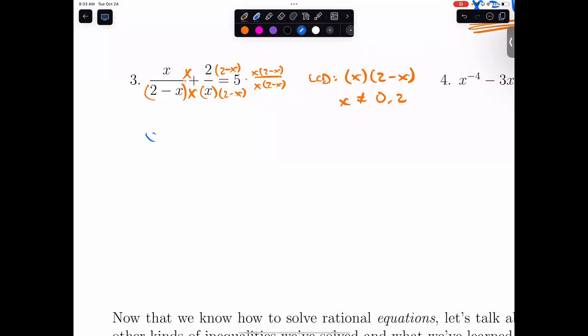So we end up with X squared and 2 times 2 minus X and 5 times X times 2 minus X all over that common denominator.